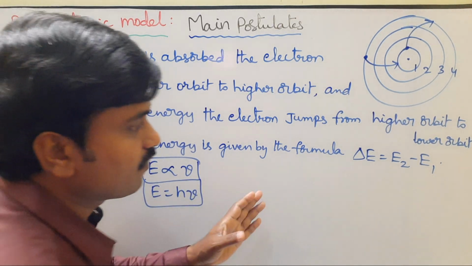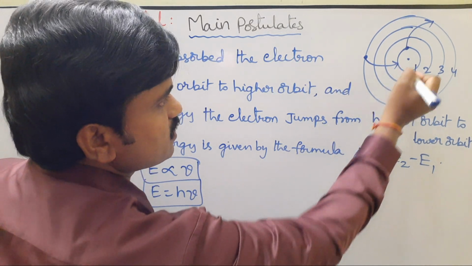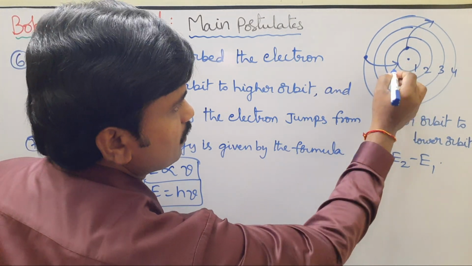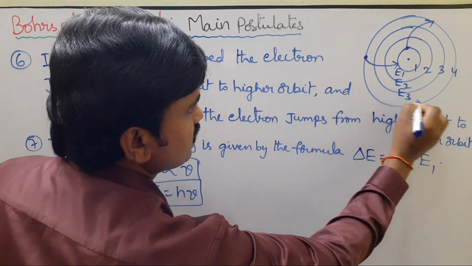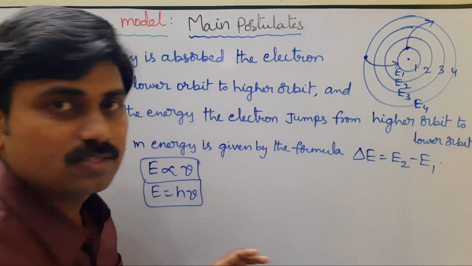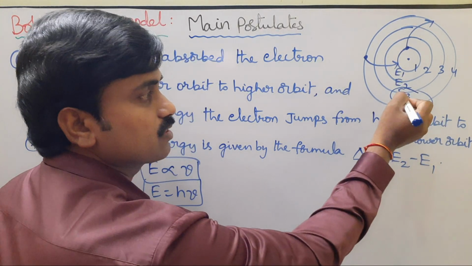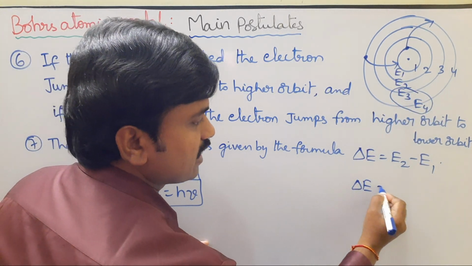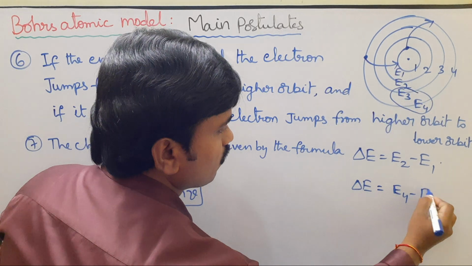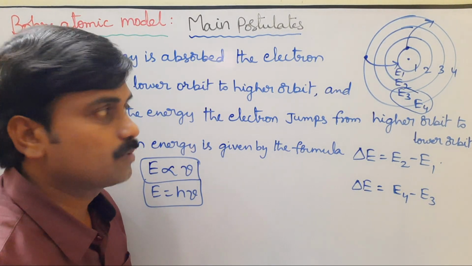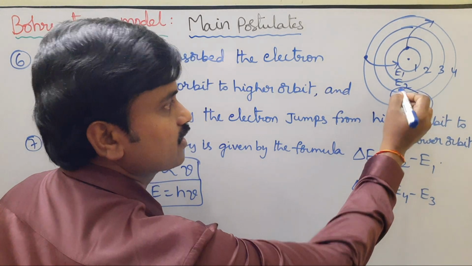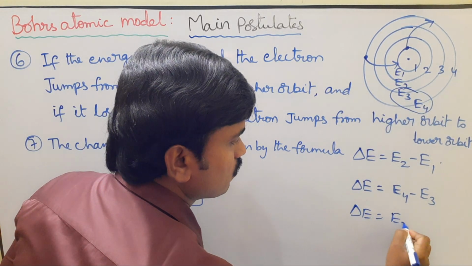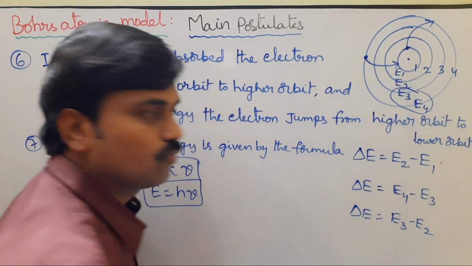That's why, for the difference between any two orbits, first orbit energy is E1, second orbit energy is E2, third orbit energy is E3, and fourth orbit energy is E4. The energy difference between the third and fourth orbit is delta E equal to E4 minus E3. Between the second and third orbit, delta E is equal to E3 minus E2.